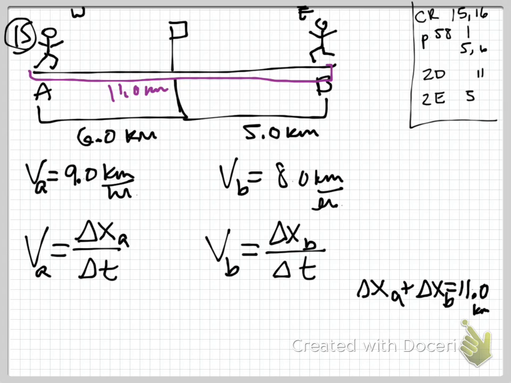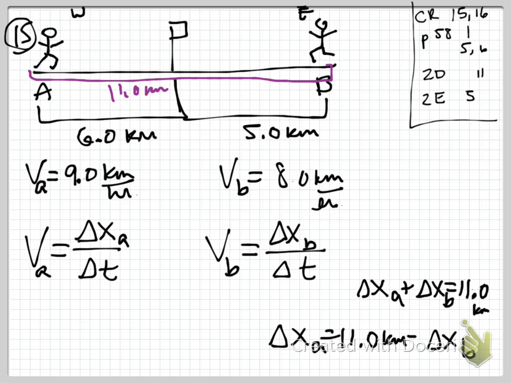What that allows me to do is solve for one of those. So I now have delta x of A is equal to 11.0 km minus delta x of B. My writing is terrible. What I've just done is redefined delta x A in terms of delta x B. So I now have an expression that basically eliminates a variable because I've found the relationship between the 2 of them.